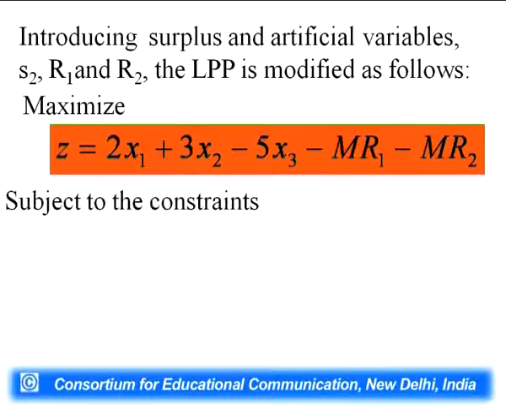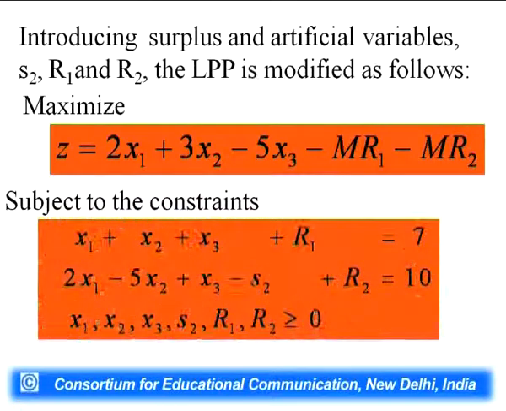Subject to the constraints, which are also modified now by the introduction of surplus variables: x1 plus x2 plus x3 plus R1 is equal to 7, and 2x1 minus 5x2 plus x3 minus S2 plus R2 is equal to 10.